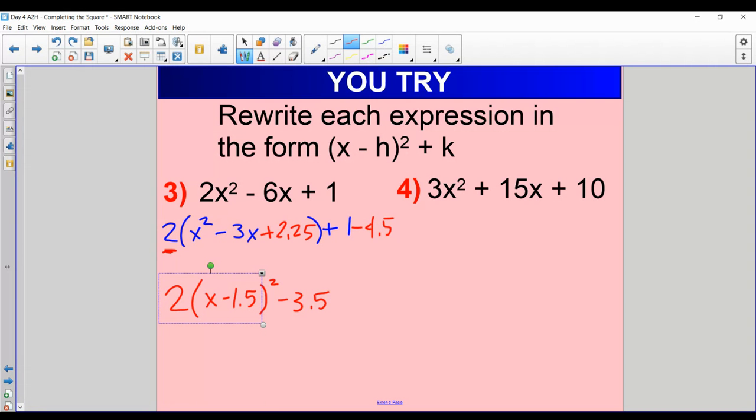Next one, we're going to take out the 3. So we're leaving x squared plus 5x. I'm going to put the 10 out to the side. Half of 5, 2.5. 2.5 squared, 6.25.